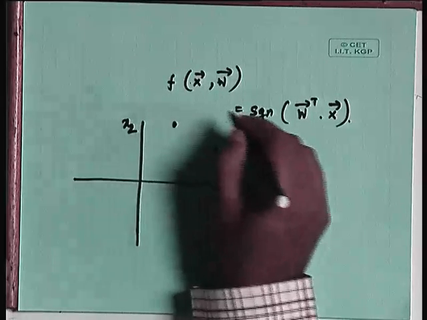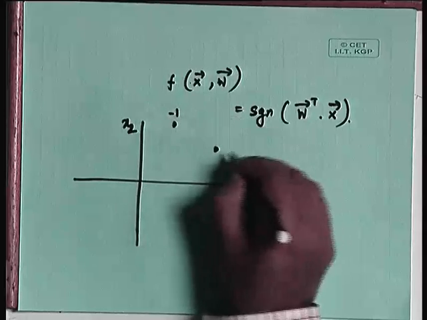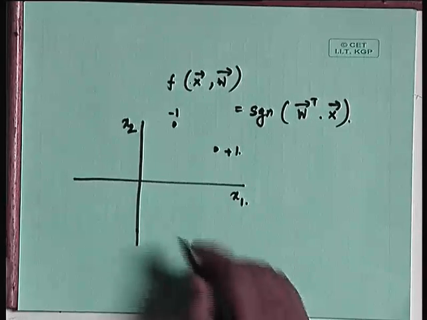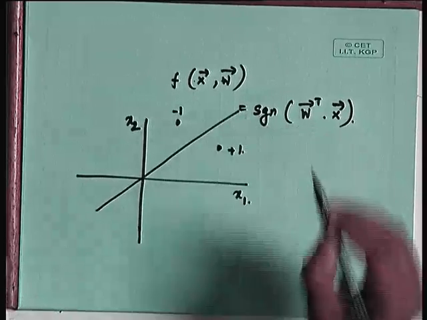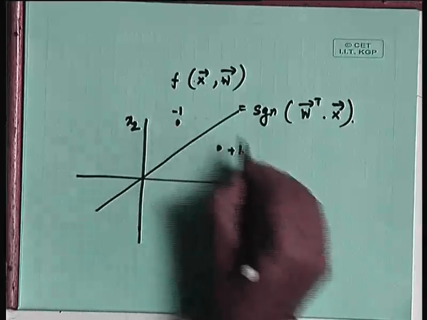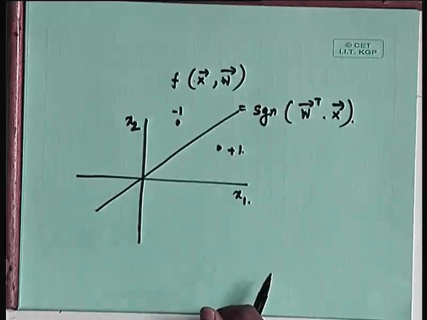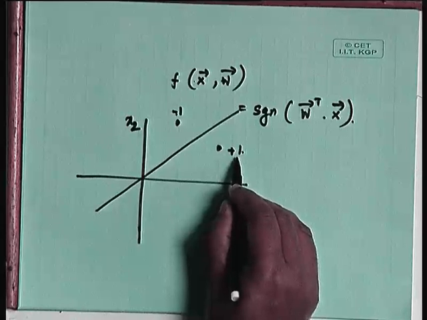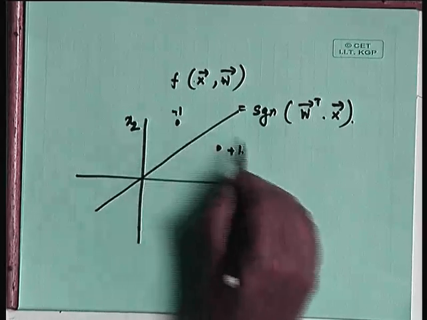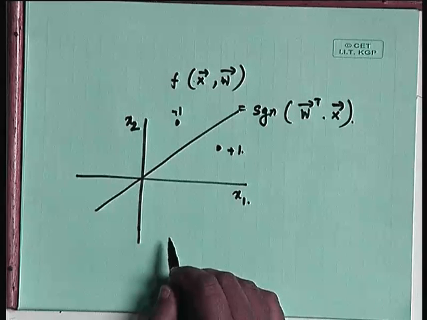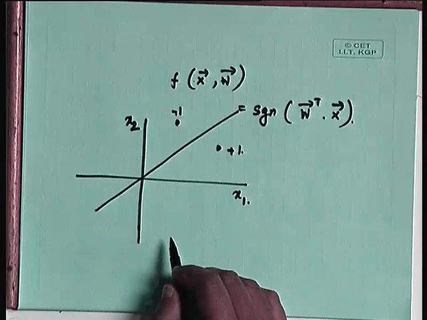If you assume that this is -1 and this is +1, obviously I can find a solution, a straight line passing like this. But if I take this to be -1, this also to be -1, or both to be +1 or both to be -1, then is it possible to find a solution? It is not.